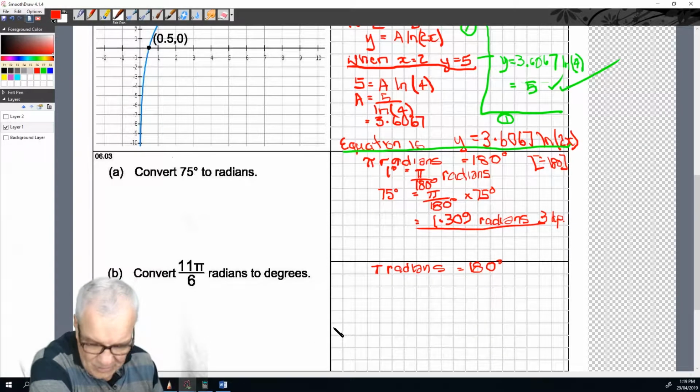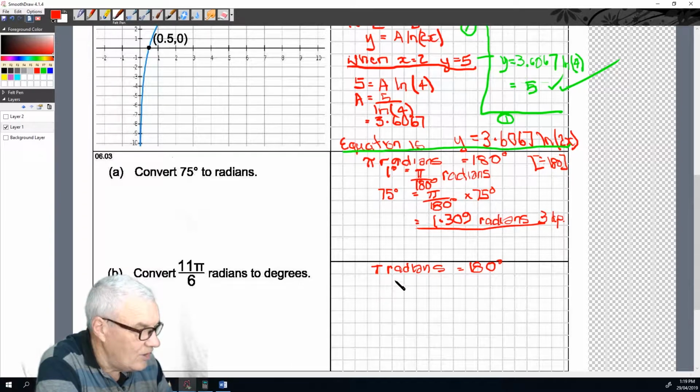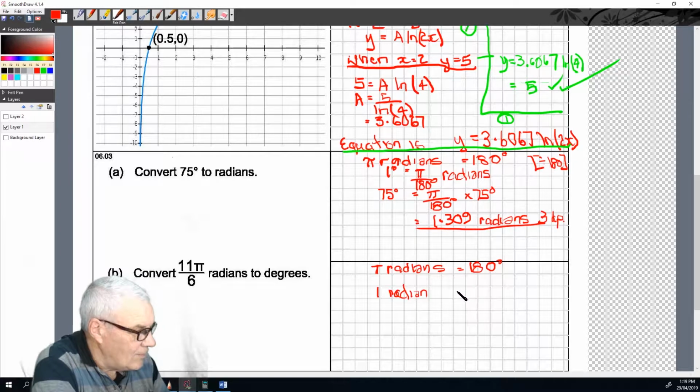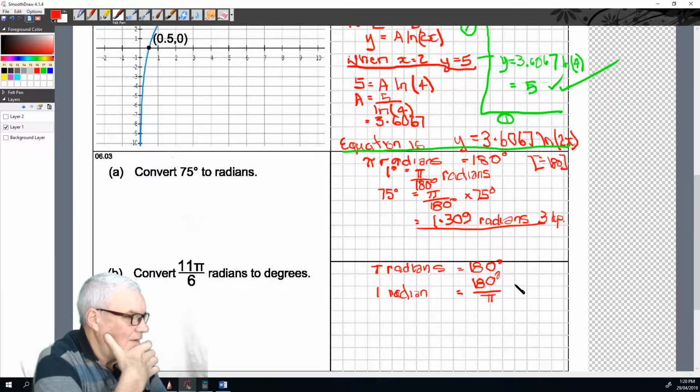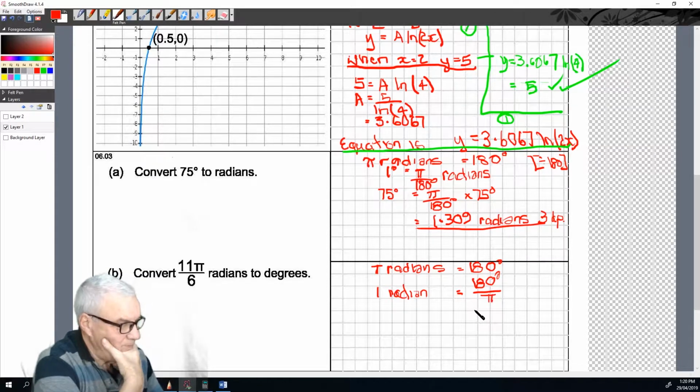Pi radians equals 180 degrees. 1 radian therefore must equal, and that's what I see, I got it around the wrong way, 180 divided by pi degrees, that'll be.